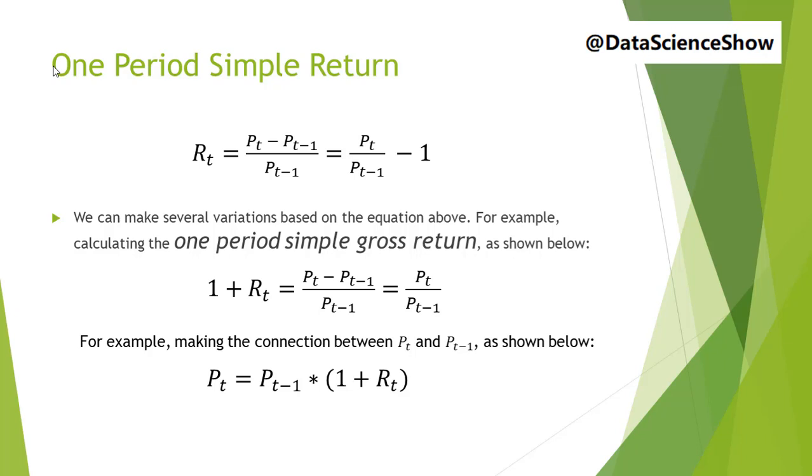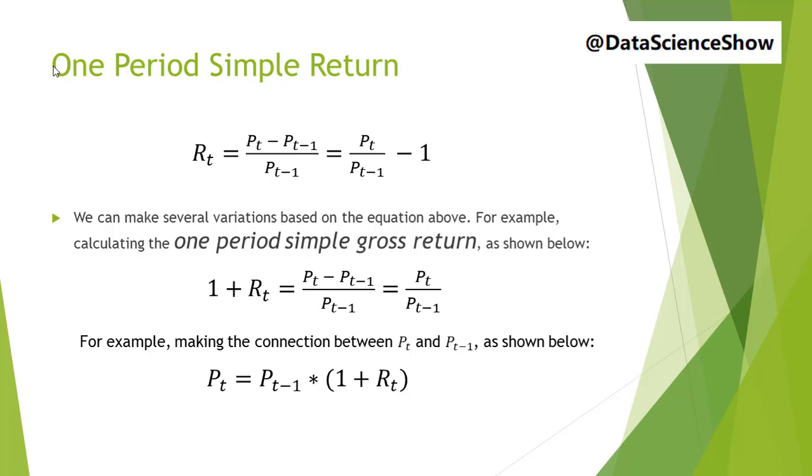What if the simple gross return is less than 100%? Is that a good thing or bad thing? That's a bad thing. That means we are losing money from our original investment, right? The more we invest, the less money we have. But if the simple gross return is more than 100%, is that good?